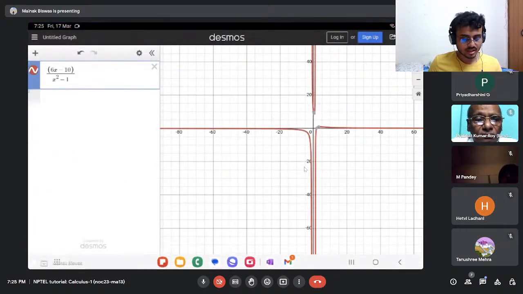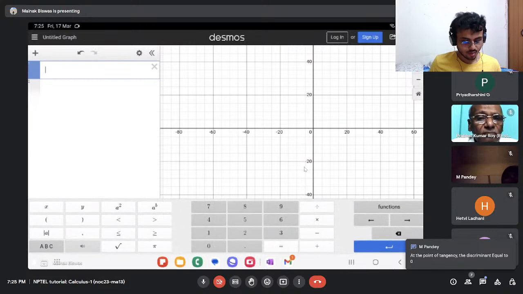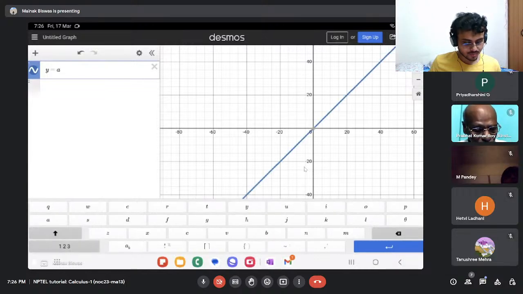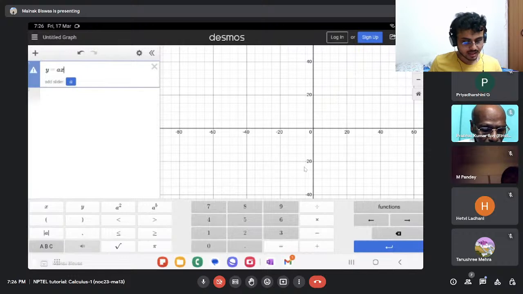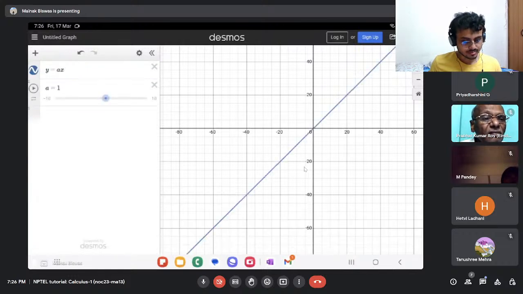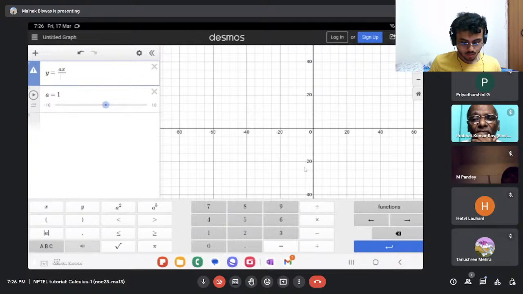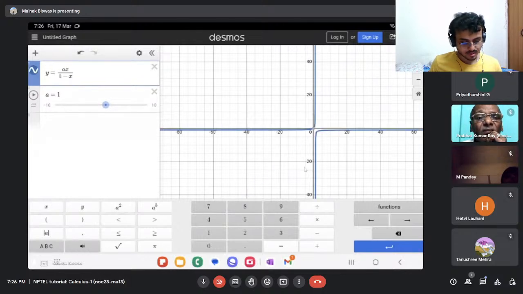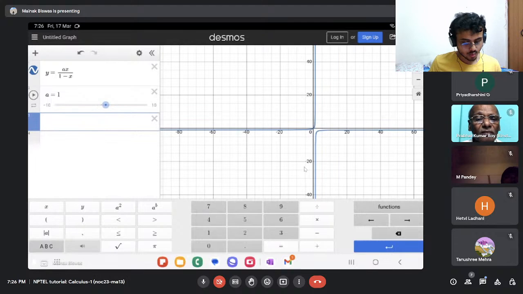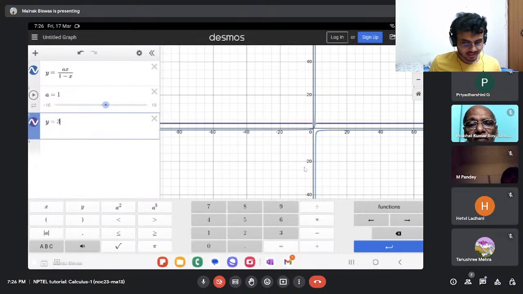What are the two functions that we have? We have y is equal to a, let's put this variable, ax, we'll add a slider for ax, by 1 minus x, and the other equation is y is equal to 3 minus x, right?